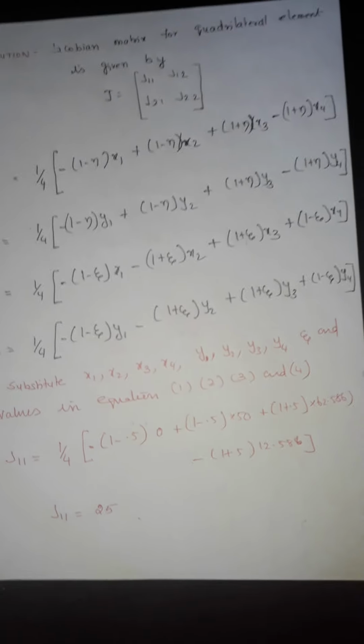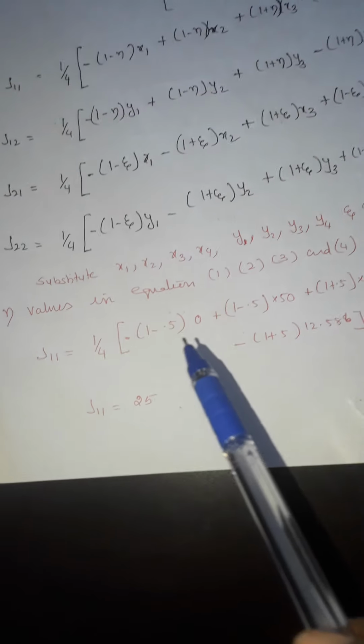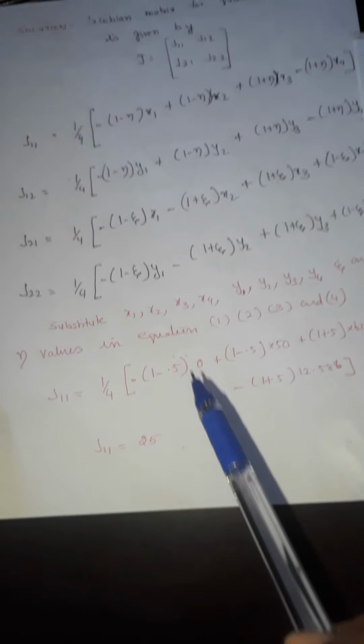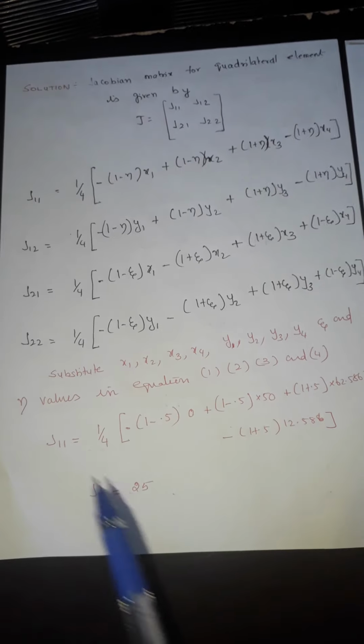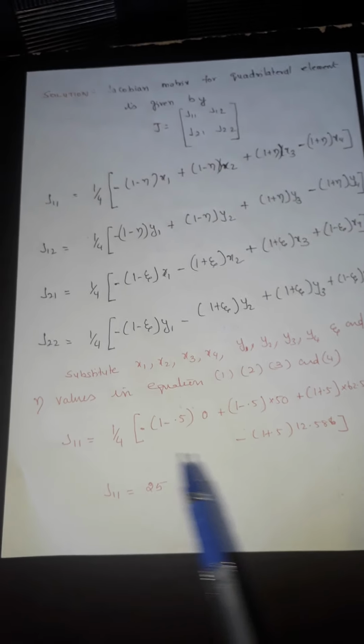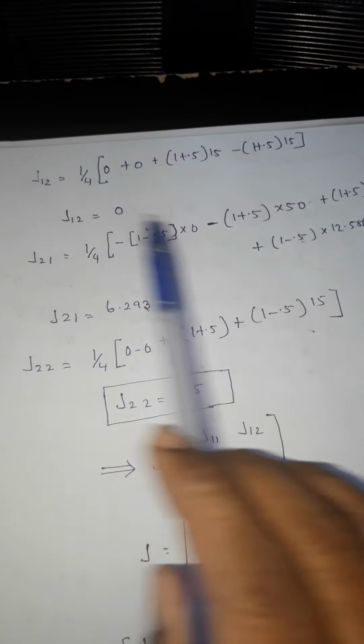Now we have to substitute the values, with eta and epsilon equal to 0.5. x1 is 0, x2 is 50, so I got the value of j11. Now for j12, 1 by 4, 0, I substituted and got this value.